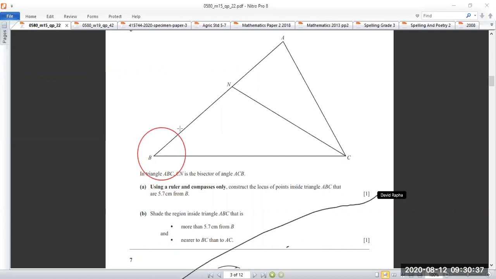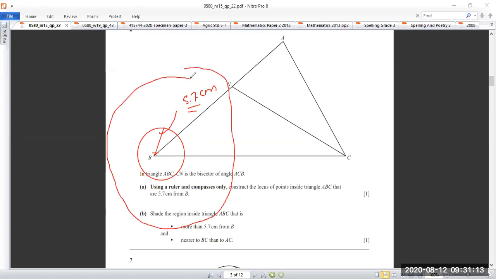All right, a circle like that, but the radius should be 5 centimeters. Then there's a region inside the triangle that is wherever there. So this triangle should be quite big. It's only that I'm just showing you. It should be something like that.